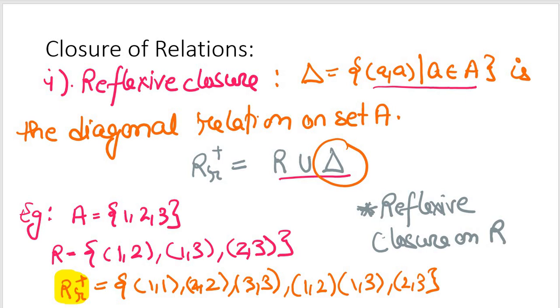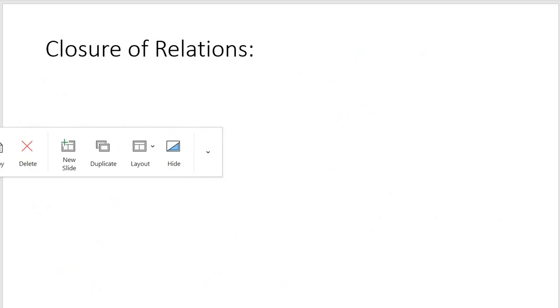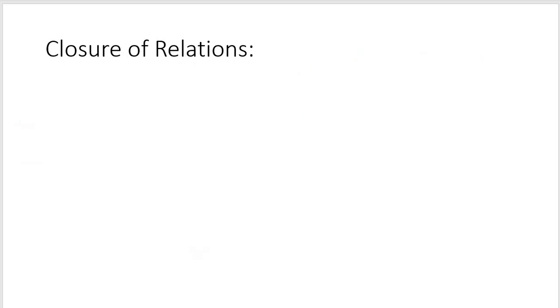The next thing which we have with us is the symmetric closure.